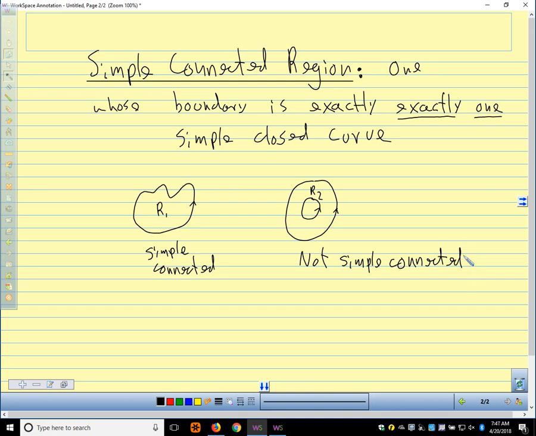So the second one has the boundary of the region as two simple closed curves. So we're going to be interested in simple closed curves that bound a simple connected region.